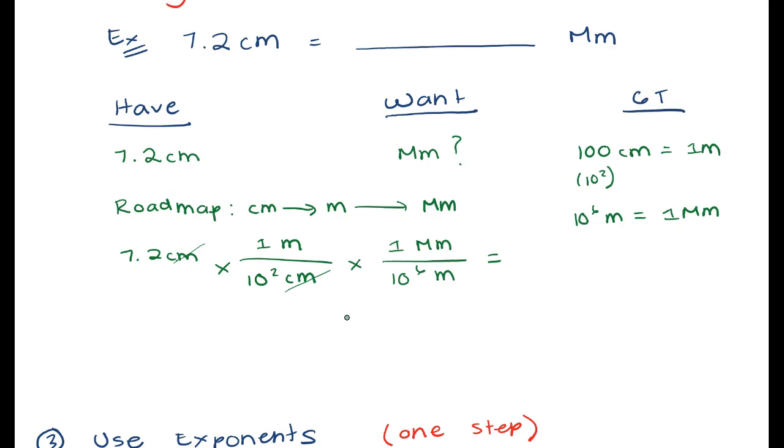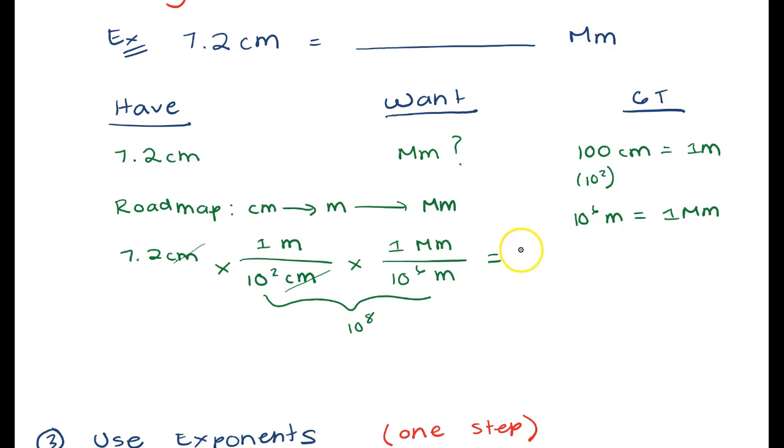And I can always simplify problems like this. If I'm multiplying by 10 to whatever number it is, I don't even need to use a calculator. If I combine these two on the bottom, I have 10 to the 2 times 10 to the 6. When I'm multiplying exponents, I just add them. So this is 10 to the 8. One thing to keep in mind is that we are dividing by 10 to the 8.